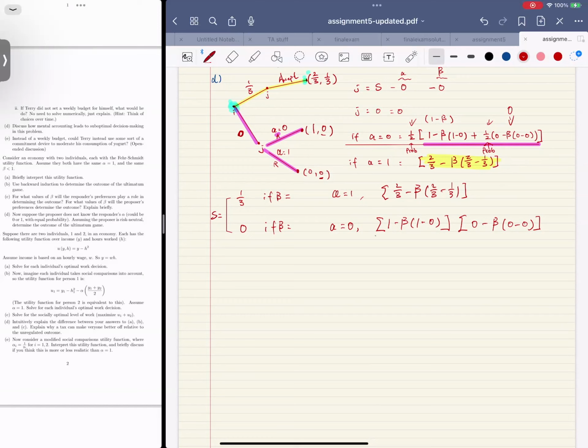So what's this case? This is if I propose and I succeed. Success. This is if I propose. I fail.